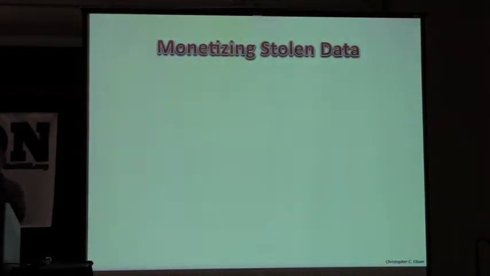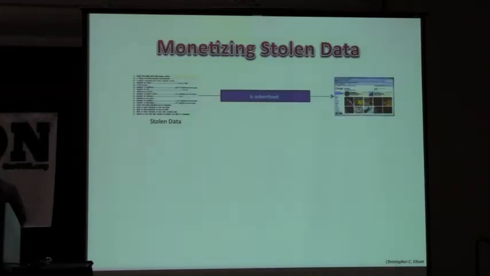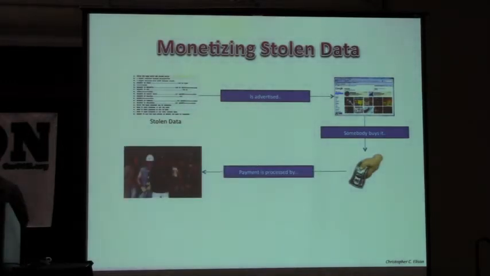So how is stolen data monetized? You have stolen data, it's advertised, usually in hacker forums or on Pastebin, and then somebody buys it, and the payment is processed by common people. These are the money mules.